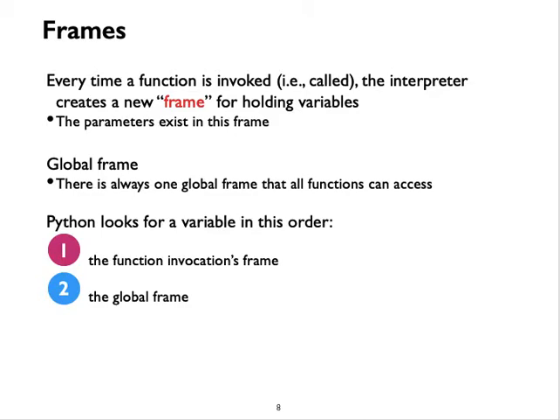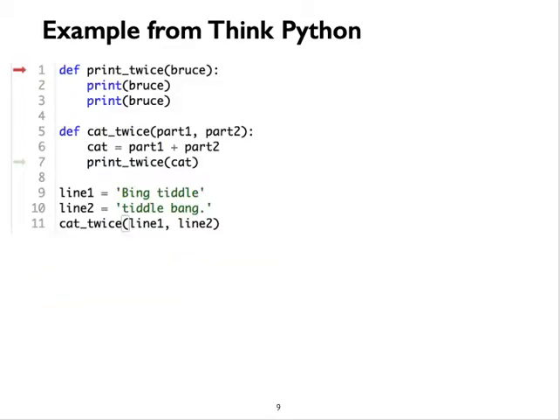And if it doesn't find the name of the variable that you're talking about in that frame for that function, it then looks at the global frame and checks to see if the function is there. That's how the interpreter knows if the variable that you're talking about is valid.